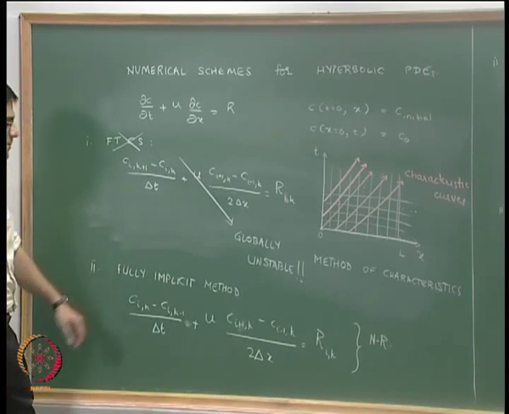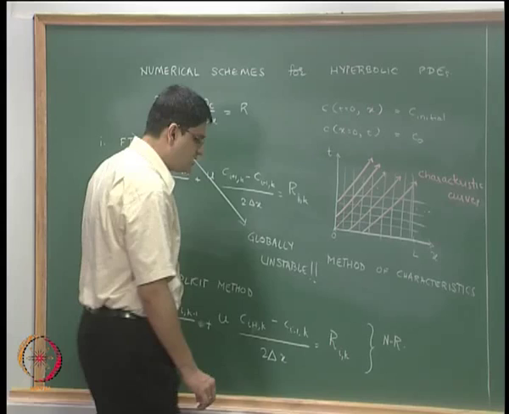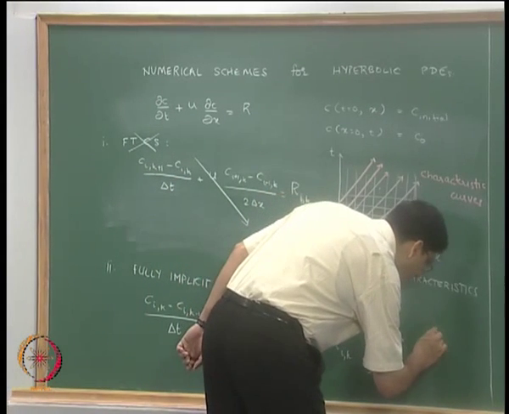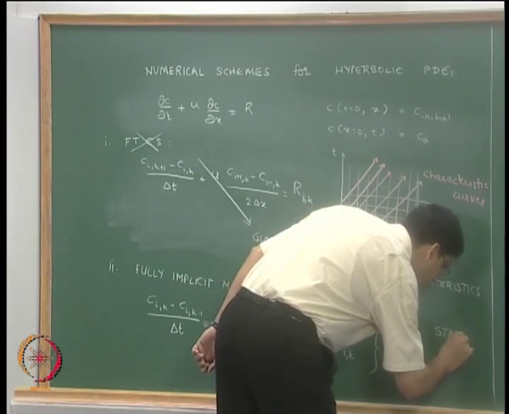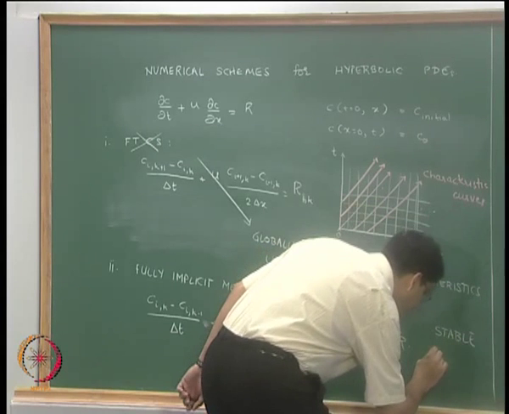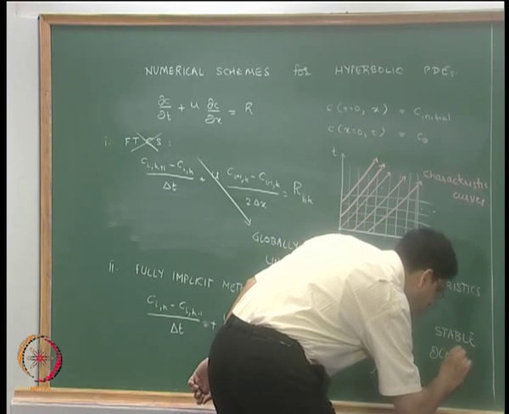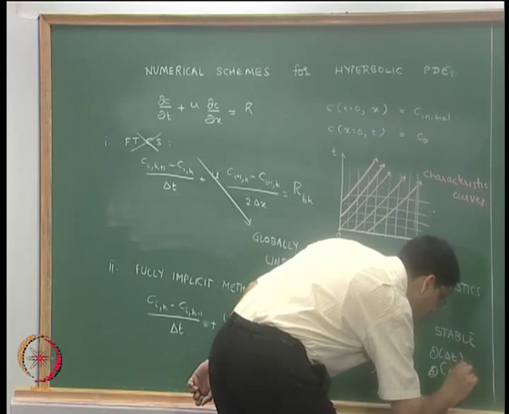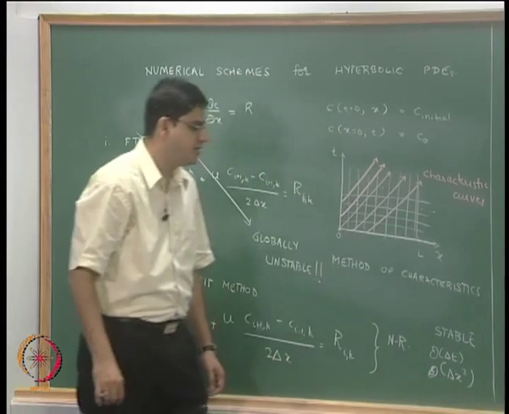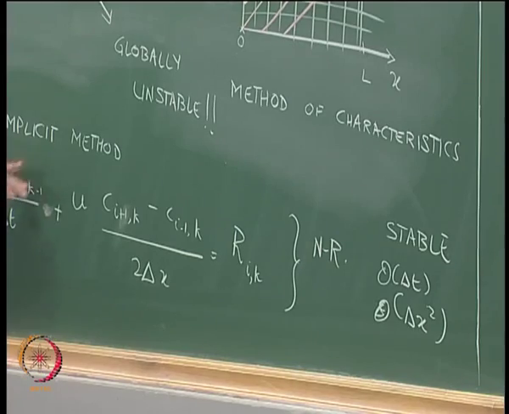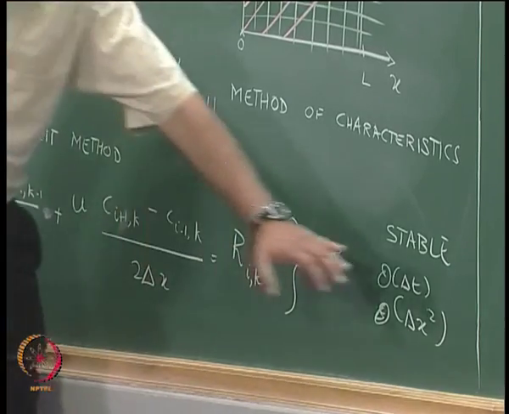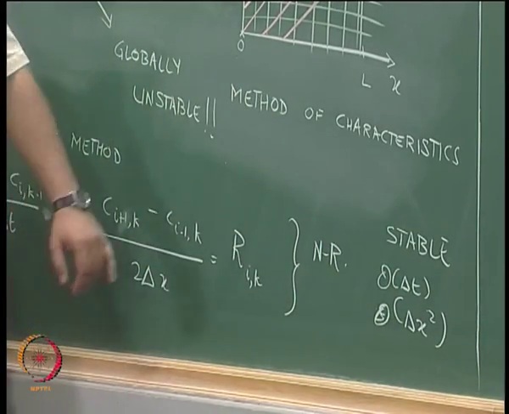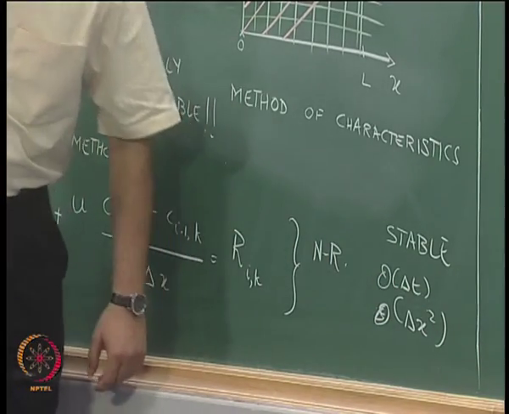The fully implicit scheme is globally stable, it's order of delta t accurate and order of delta x square accurate. That's the advantage of the fully implicit method, that it is stable. The disadvantage is that it's only delta t accurate.